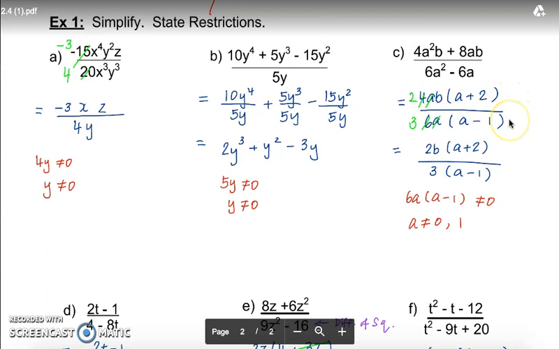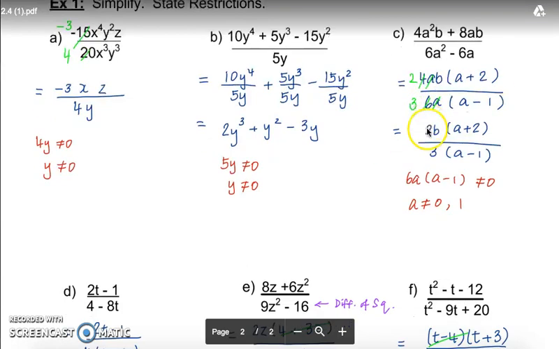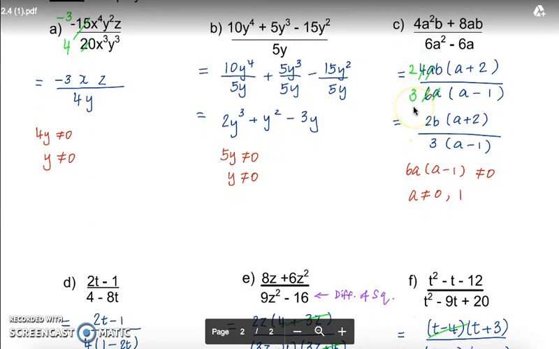So in this form, we can now simplify the rational expression by reducing. So 4 and 6, divide both by 2, you get 2 and 3. A and a, that can be reduced. B stays the same, a plus 2, a minus 1 stays. So you end up with 2b, a plus 2, over 3 times a minus 1.